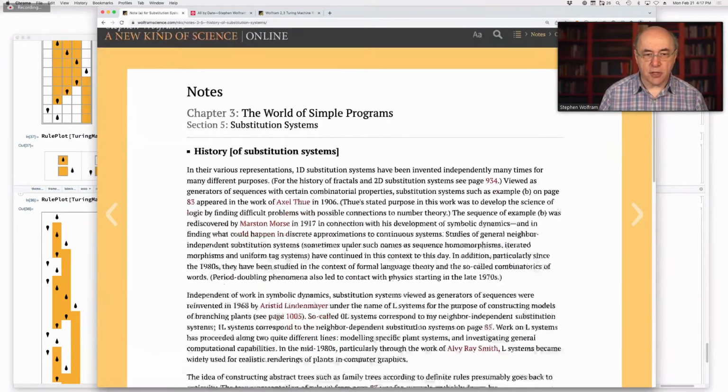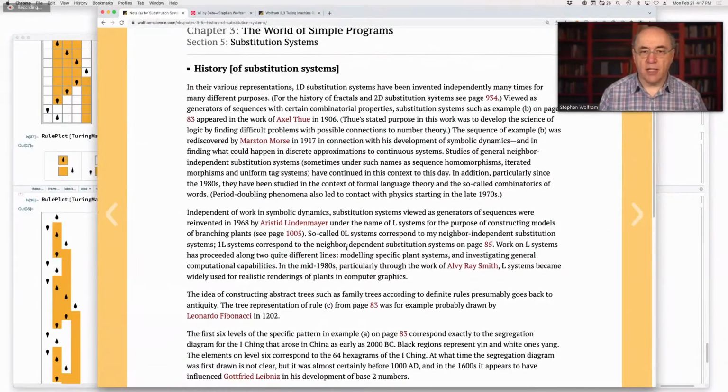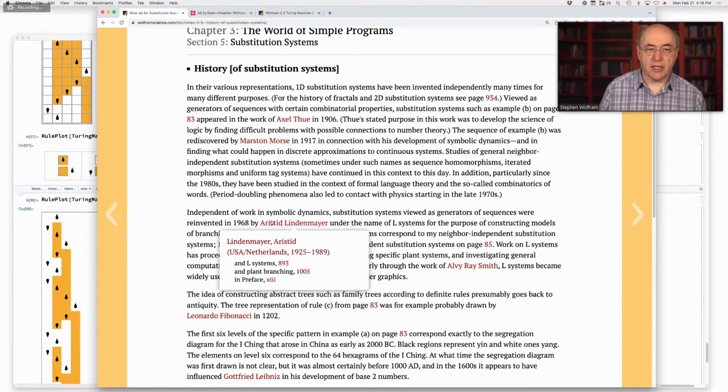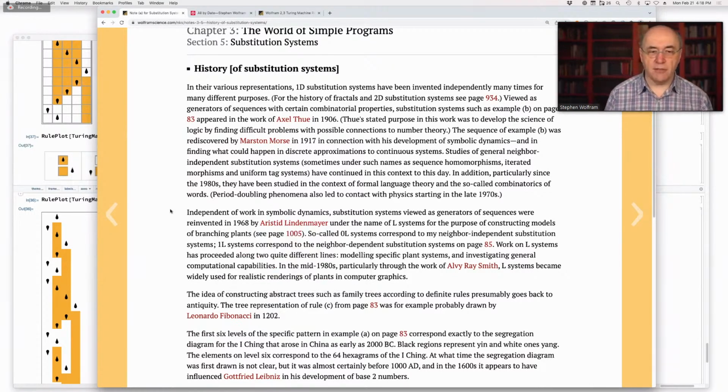They have a rich history, as I mentioned here. Axel Thue, kind of a logician, 1906, talking about the Thue-Morse sequence. Aristid Lindenmayer, who was a biologist primarily. I met him once, very nice old chap when I met him. He invented these things that got called L systems, which were kind of branching systems.